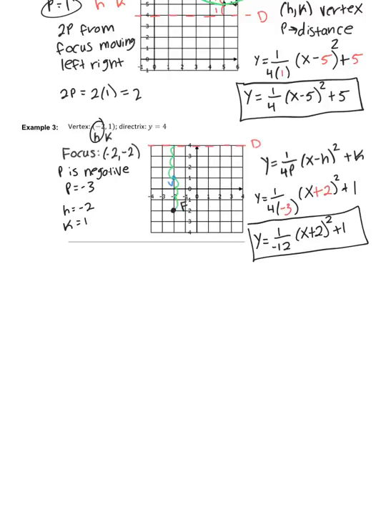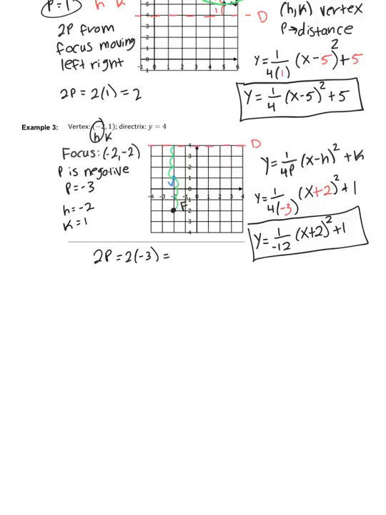To graph the rest of my graph, remember that from the focus, we are going to go 2 times p units away from it in the left and the right direction. So I'm going to do 2 times 3, negative 3. It doesn't matter if p is positive or negative, you're still going to go left and you're still going to go right.